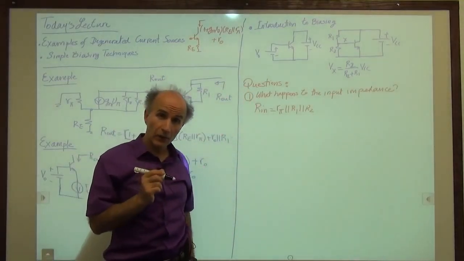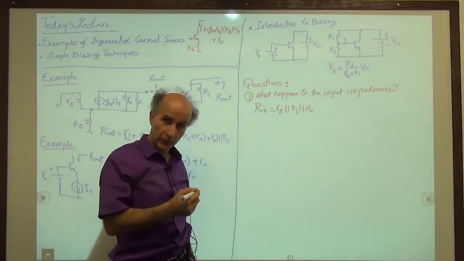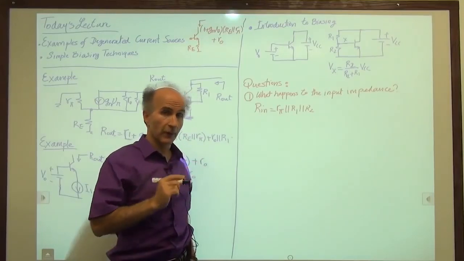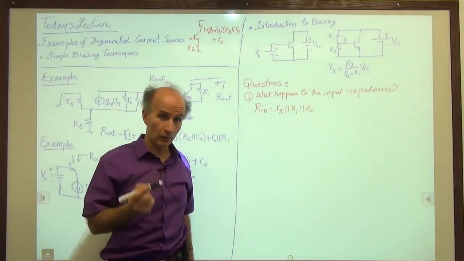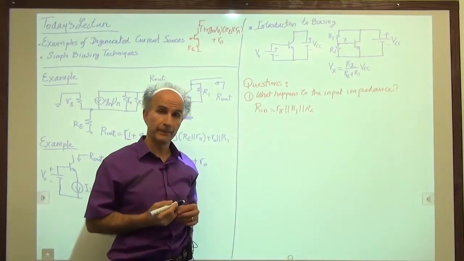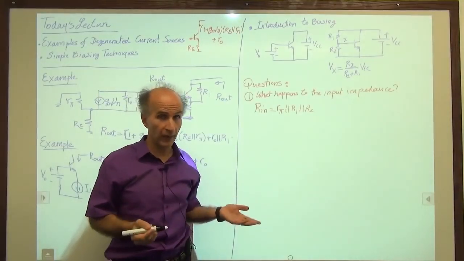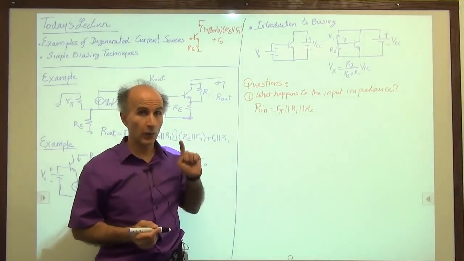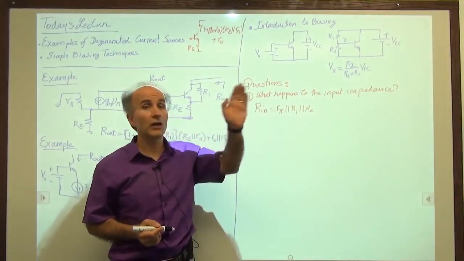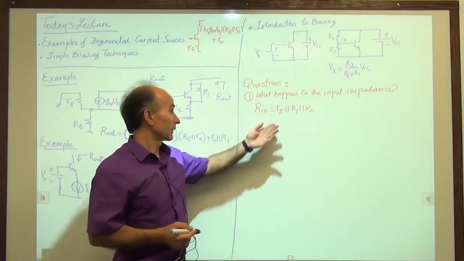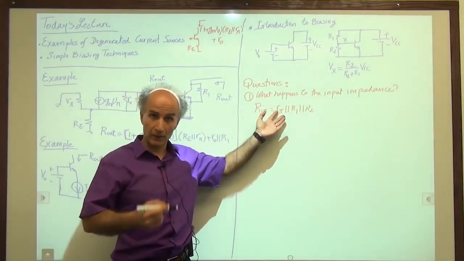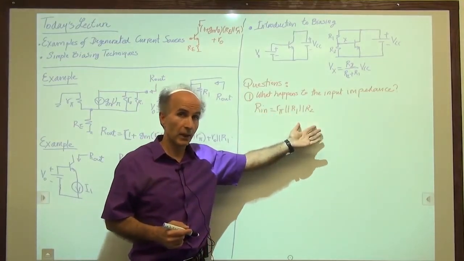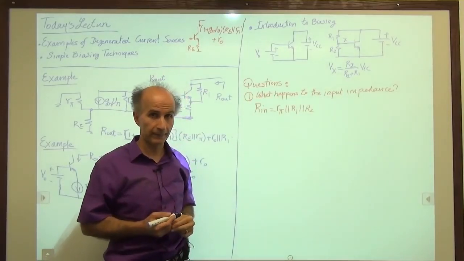So as a result of adding this biasing circuitry consisting of R1 and R2, we have inevitably reduced the input resistance of the circuit. It used to be R pi, now it's lower. So that's one issue that we have to face. Is the result acceptable? From this perspective, we want to choose R1 and R2 as large as possible, preferably 10 times R pi, 20 times R pi, something much larger, so that we don't feel the existence of R1 and R2 after we add the biasing circuit.